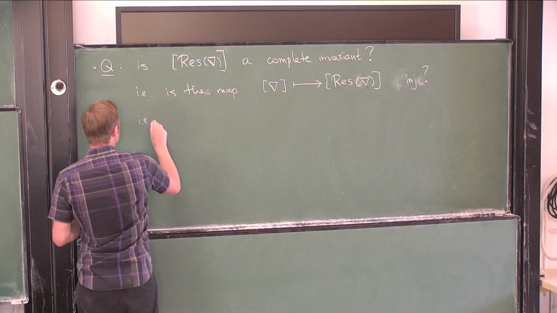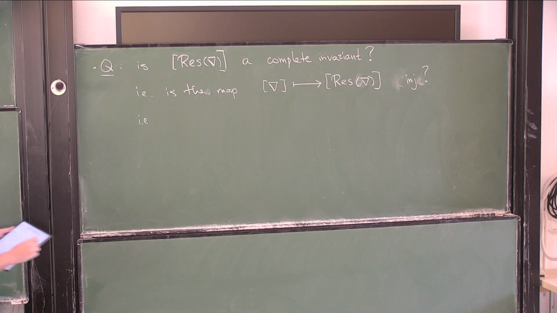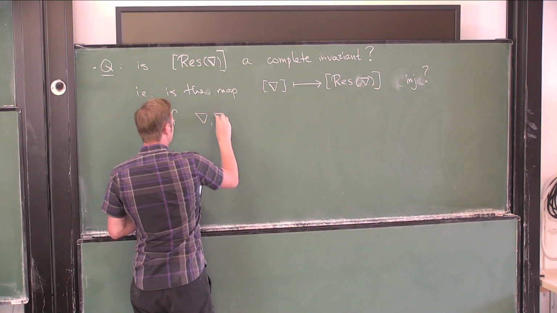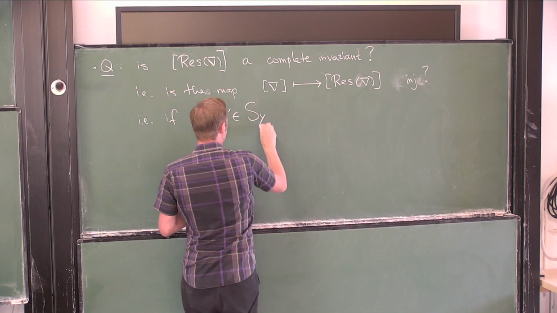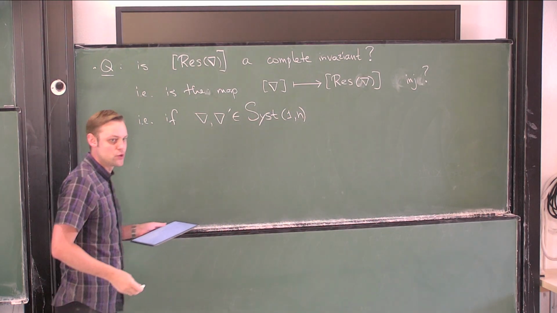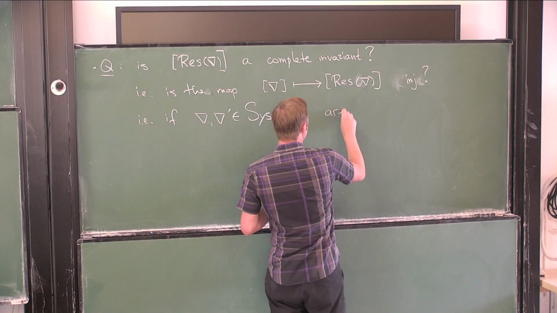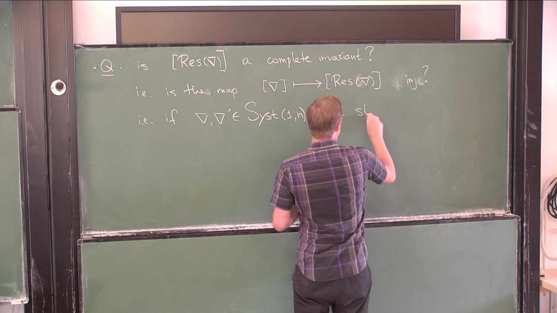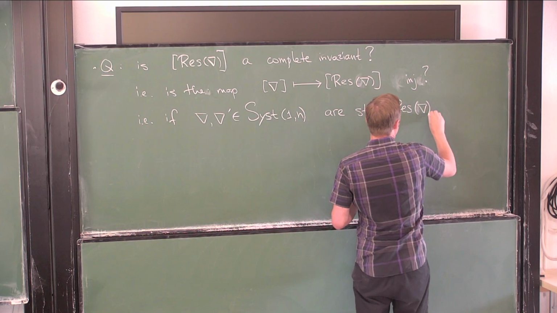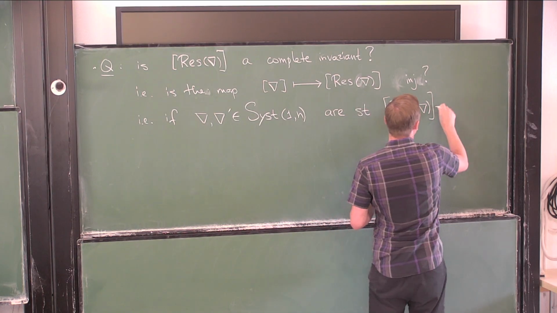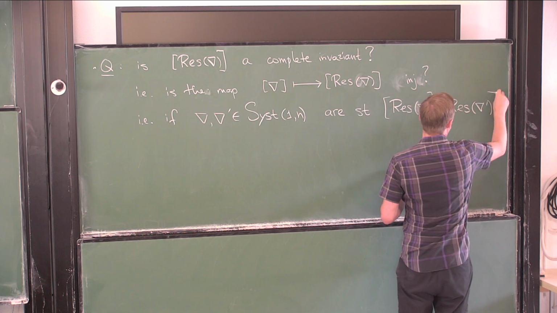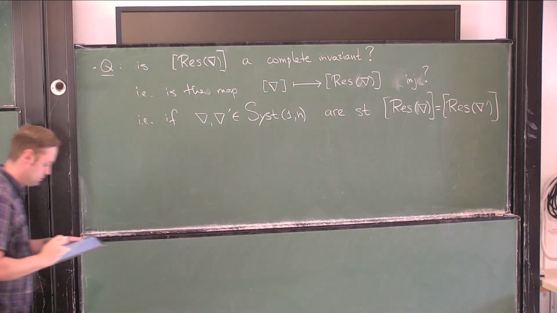To put it even more concretely, if I have two systems, let me call them nabla prime and nabla, in 1, comma n. Suppose I compute their residue matrices. I find that those residue matrices have, let's say, the same eigenvalues, or more generally have the same Jordan normal forms.